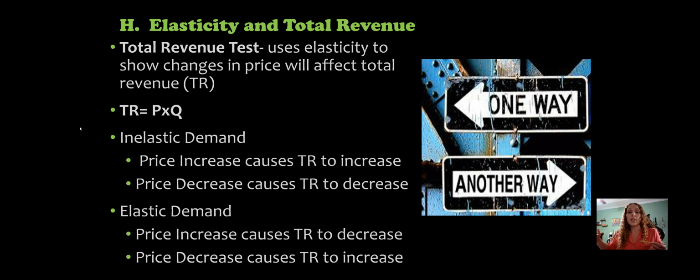So even though the ones that you are selling, you're selling at a higher price, it's not going to make up for those lost sales with that reduction in quantity demanded. And therefore, the opposite of that, a price decrease actually causes total revenue to increase. So these are the things that you want to put on sale, perhaps, at least some of the time, because when you have that drop in price, the quantity demanded will increase such that your overall revenue is going to increase, even though the price is lower.